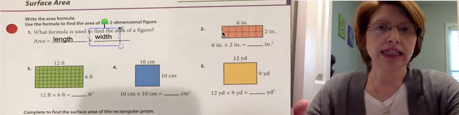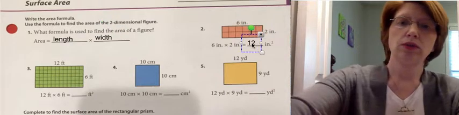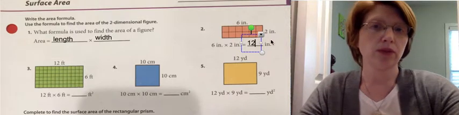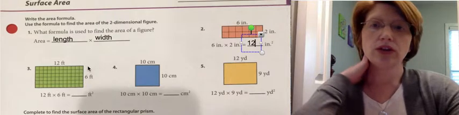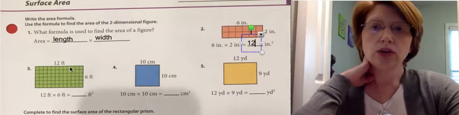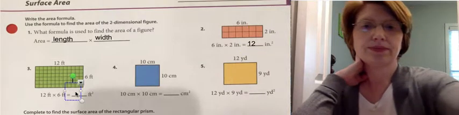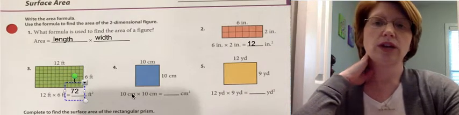So here it's 6 blocks this way and 2 on the side. So it would be 6 times 2, which would be 12 inches. And whenever we do area, we have to remember that we put the square sign here, inches squared. So for this one, 12 times 6 would be 72 feet squared, right?